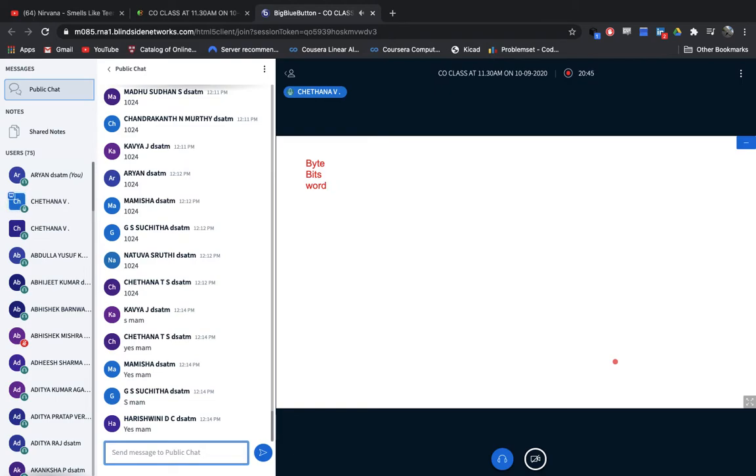Then comes the very, very important point, that is addresses. How to assign the addresses.